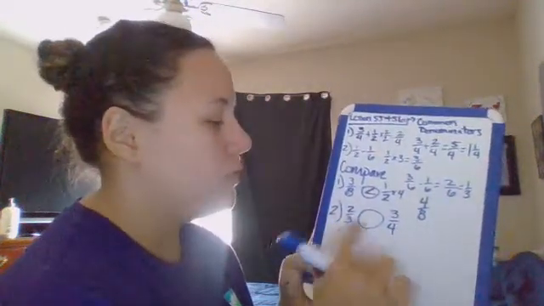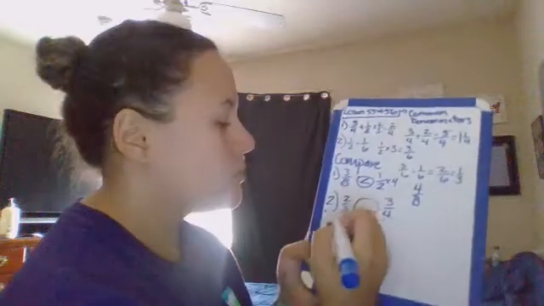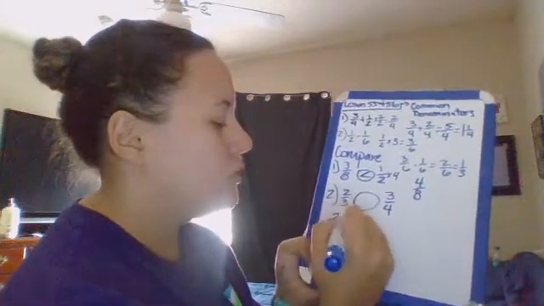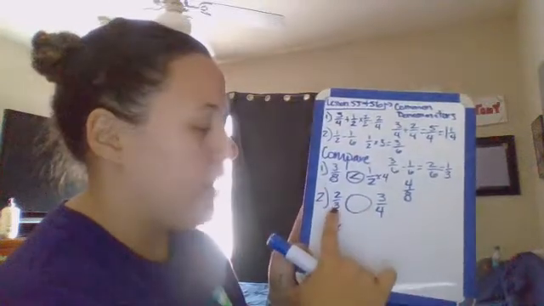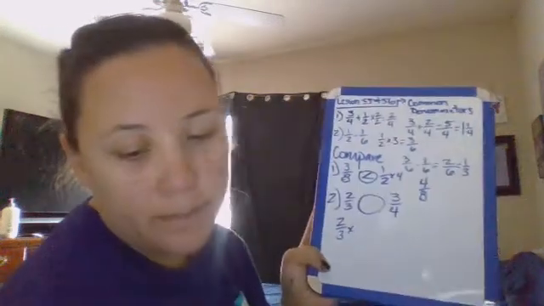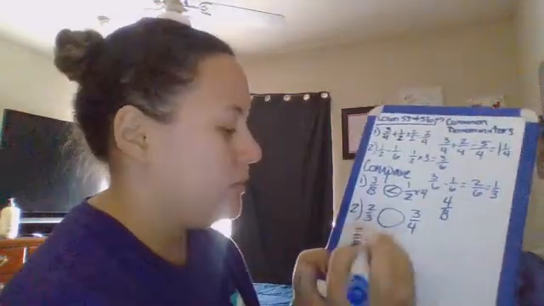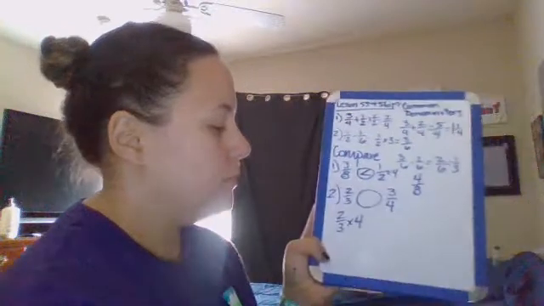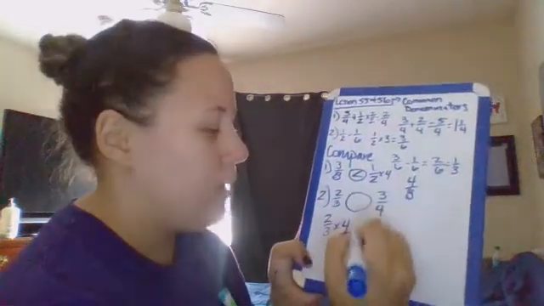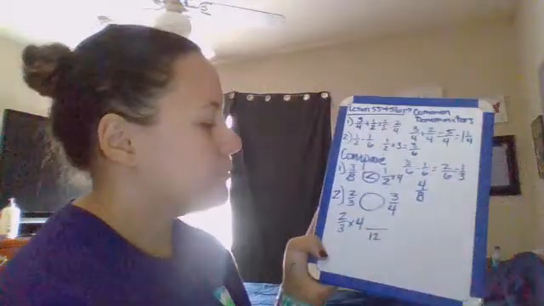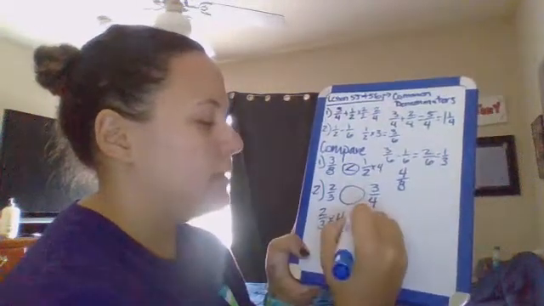So if we multiply 3 and 4, it's 12. So 2/3 we're going to multiply by 4 because we multiplied that 3 by 4 to get the 12. So our denominator would be 12. And then 4 times 2 is 8.